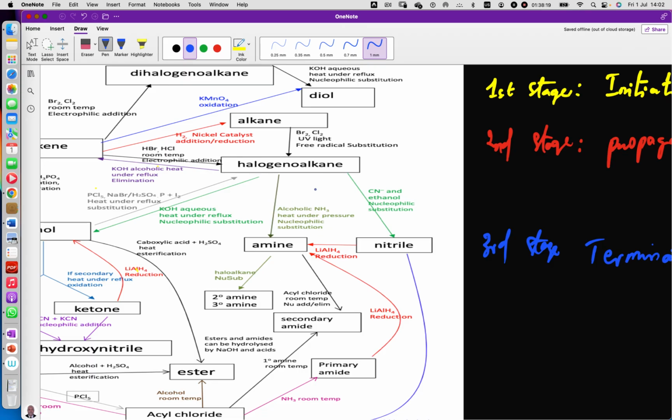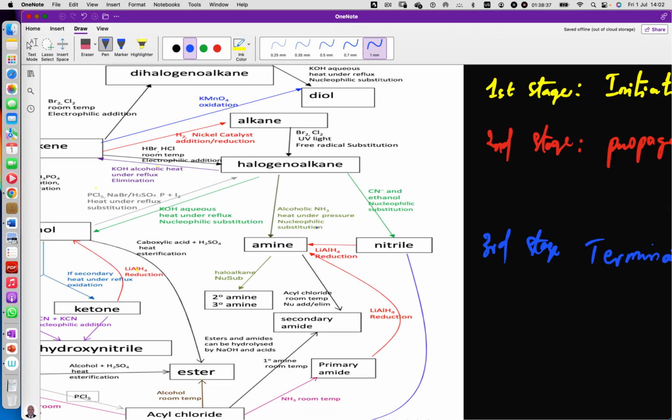Halogenoalkane can undergo reaction with ethanolic ammonia, or ammonia in alcohol, or alcoholic ammonia. You can still call it ethanolic ammonia.